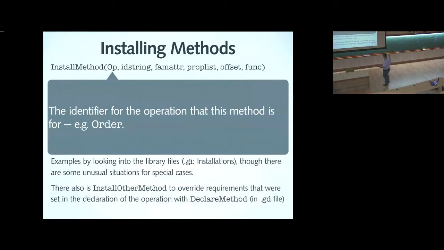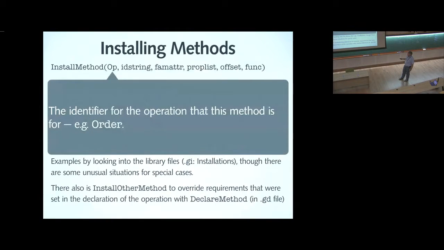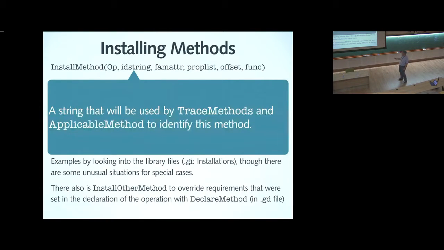For example, conjugacy classes subgroups. Next, and you will see a lot of these install methods in the library. If you look through the library files, that's basically what they do. Next comes an identification string. This is the string which trace method or applicable method print out to identify these methods.